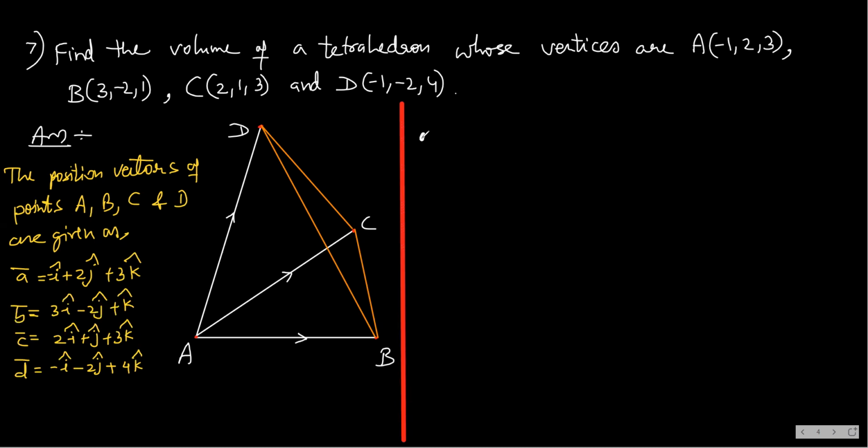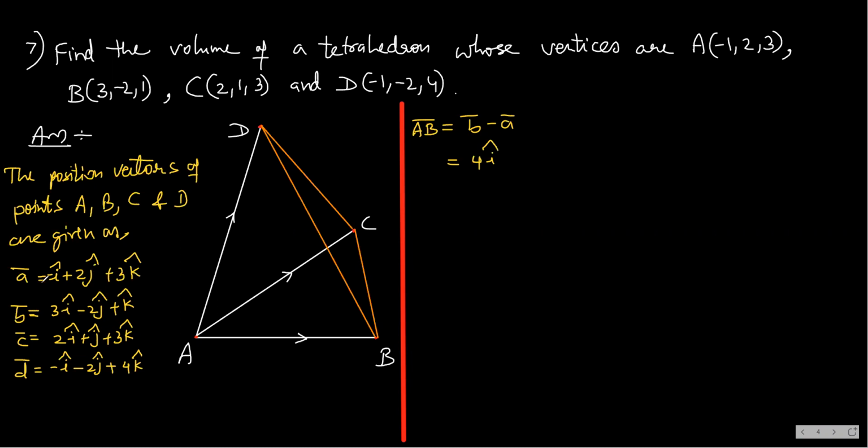I'll write here. AB bar is, what is AB bar? AB bar is B bar minus A bar. So what is B bar minus A bar? So see here, 3I cap minus of minus I cap, so this will become 4I cap. Then minus 2J cap minus of 2J cap.